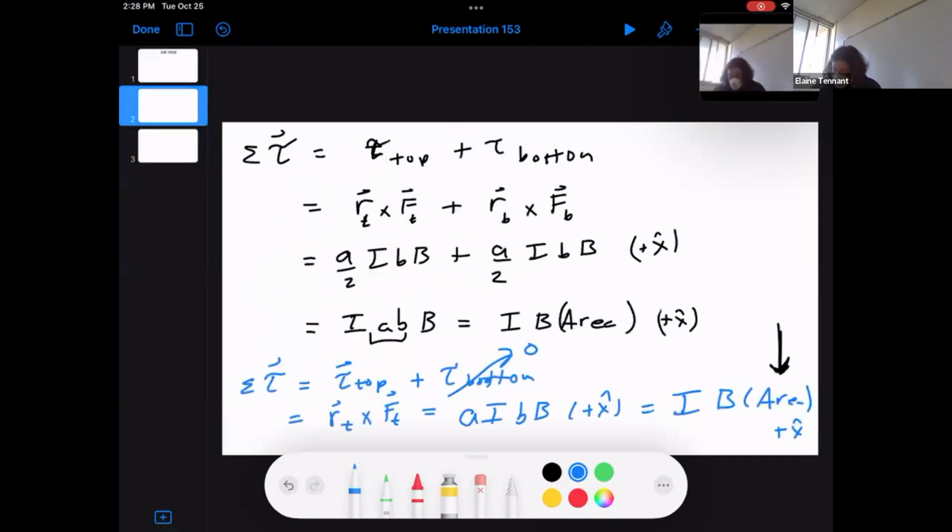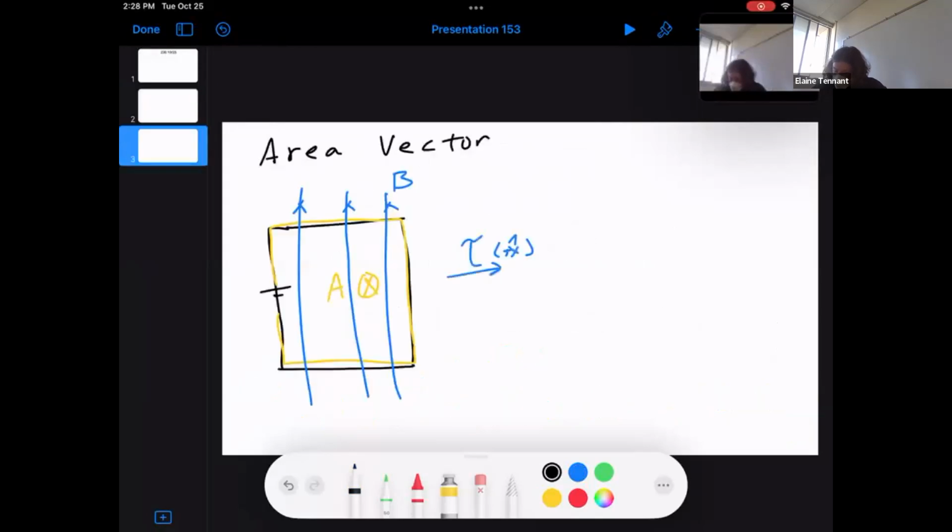So instead of writing down I times B times A, what I could write down for the torque is I A cross B. And that would take into account not only the magnitude of each part there, but it would also take into account the direction of the torque.